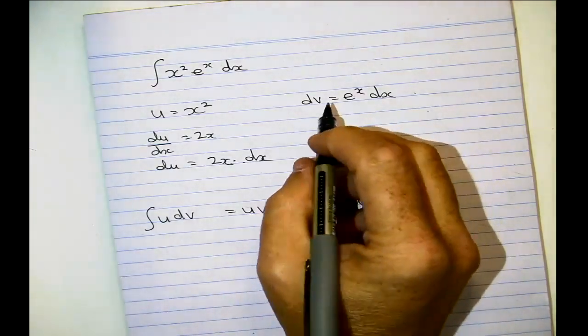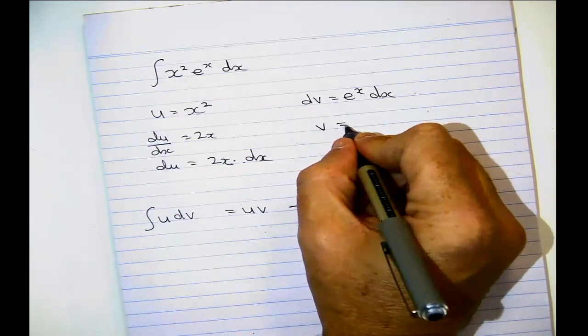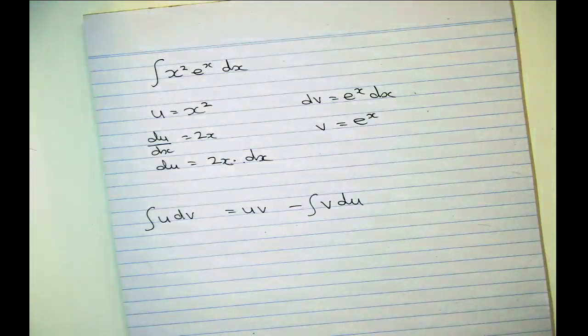This one, if I integrate both sides, I'm basically saying v is the integral of e to the x. So I could add a plus c here, right, which I'd have to bring along. What you'll find is it'll just add to the one at the end, so don't bother. Just whack in a plus c at the end, that'll take care of it all.